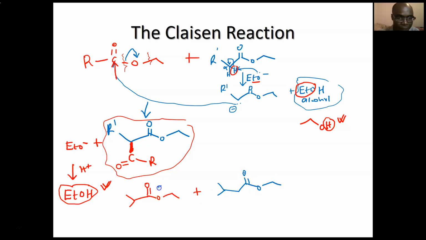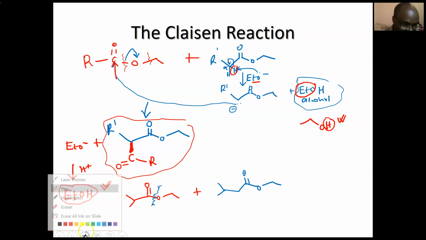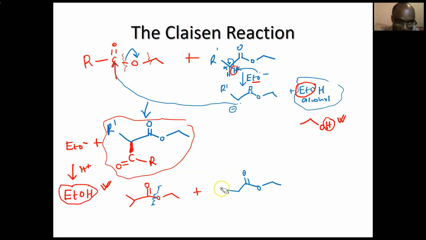I know this should fall off by shortcut, and I know we need to use the alpha carbon, so we need to react with itself. So I need to make sure the structure is the same. So this ester is the same as this. You're reacting two molecules of esters which happen to be similar. So this will offer its hydrogen, and the OEt should fall off.